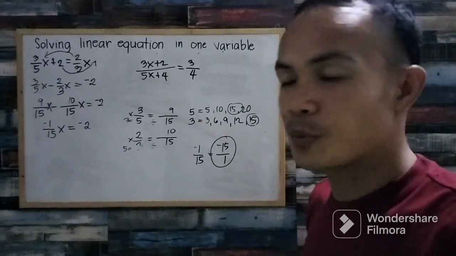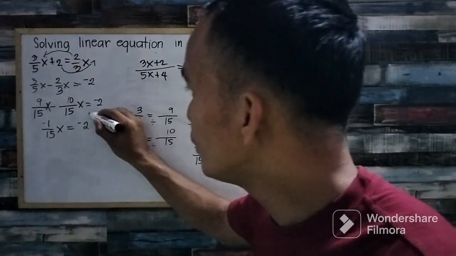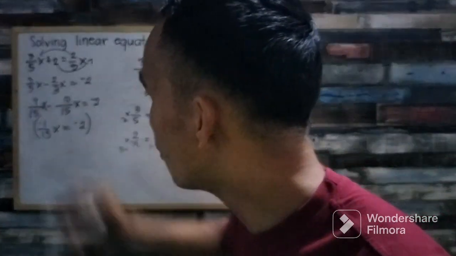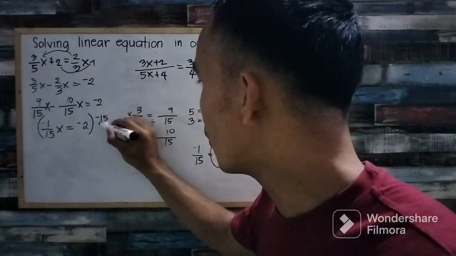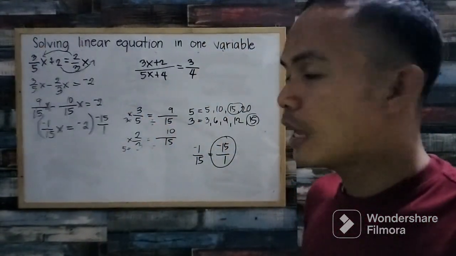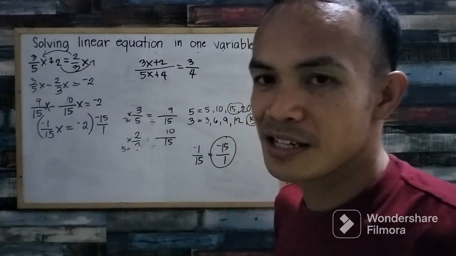This is the reciprocal. We multiply the whole expression by its reciprocal, negative 15 over 1, so that negative 1 over 15 disappears and only x is left.